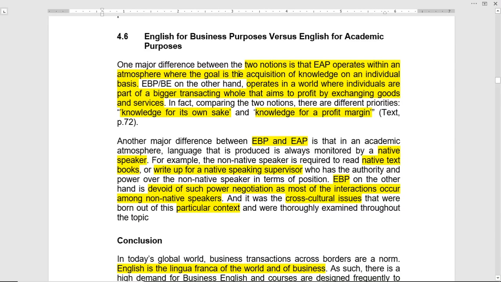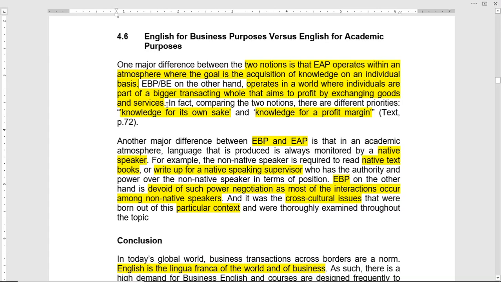English for academic purposes operates within an atmosphere where the goal is the acquisition of knowledge on an individual basis. English for business purposes operates in a world where individuals are part of a bigger transacting whole that aims to profit by exchanging goods and services.